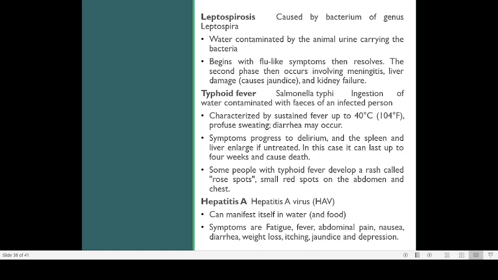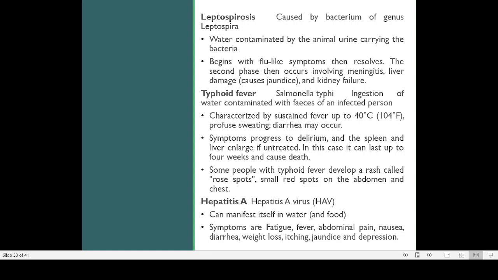If the brain is infected, it causes meningitis. Meningitis means there is an outer covering to your brain, known as the meninges or meningeal membrane. If there is an infection of this outer covering of the brain, it causes a type of fever known as brain fever.